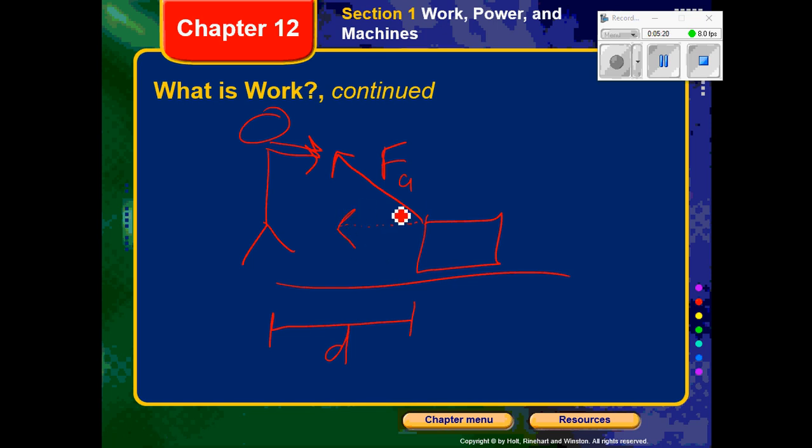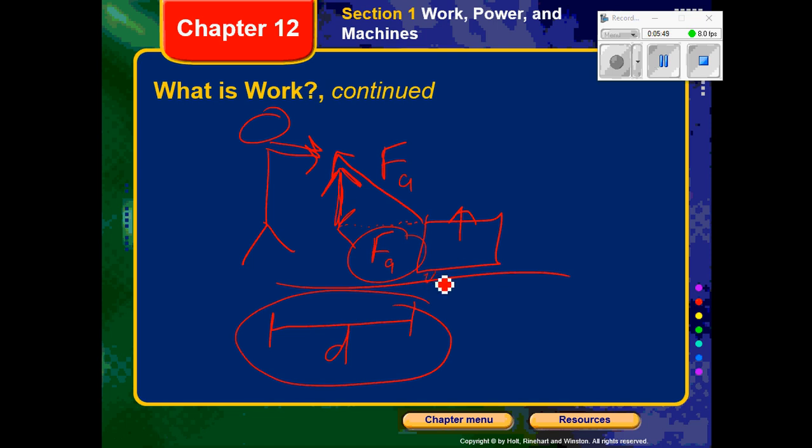You got to figure out that part of the force that's applied, because that part, which is a smaller number than this, right? Because a squared plus b squared equals c squared. That part of the force is the part of the force that you multiply by the displacement in order to get the actual work. This part of the force is doing something too, but until we talk about friction, we're not really going to talk about what that part is doing. But it is lifting the box up.